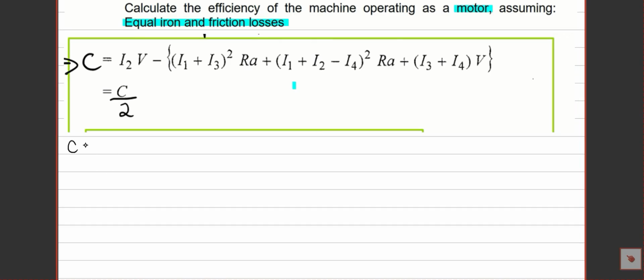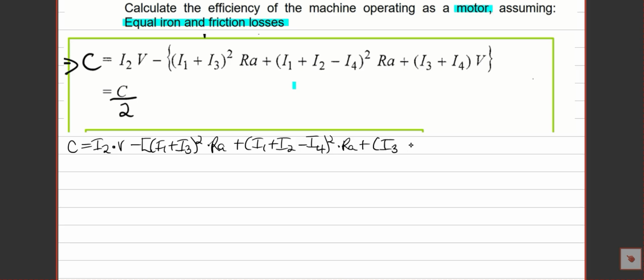So this is going to be C equals I2 times V minus (I1 plus I3) squared RA, plus (I1 plus I2 minus I4) squared RA, plus (I3 plus I4) times voltage.